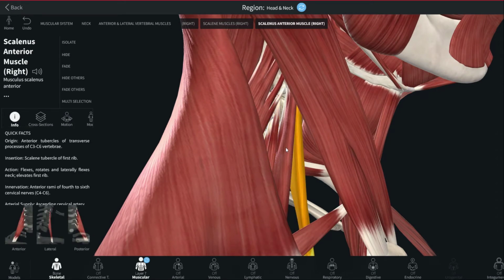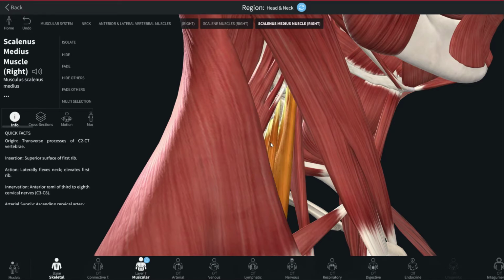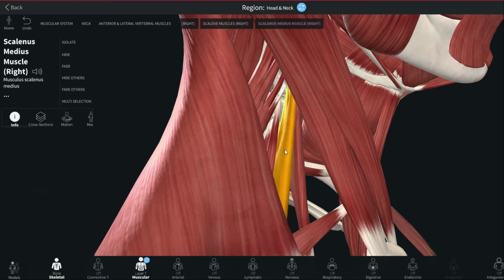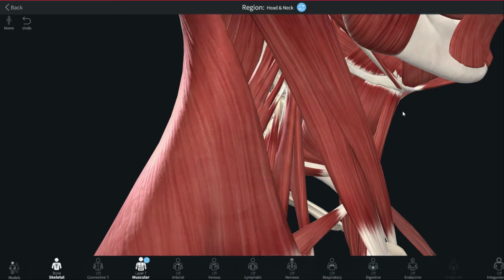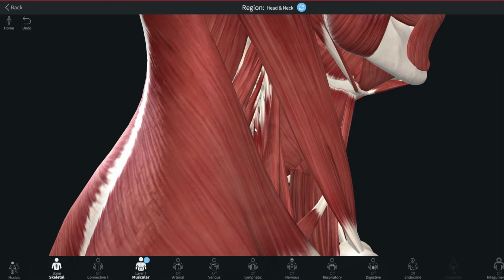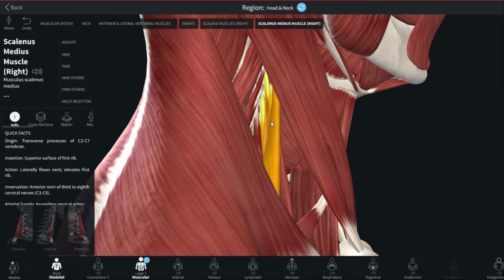So these are the three muscles of the scalenus group, right? Scalenus anterior over here, medius over here, and posterior over here. Now, not all three of them are the constituents of the floor of the posterior triangle. Rather, only scalenus medius is the constituent of the floor of the posterior triangle. Okay.